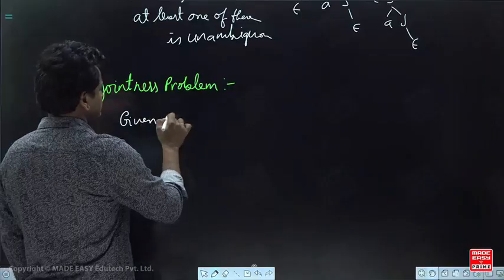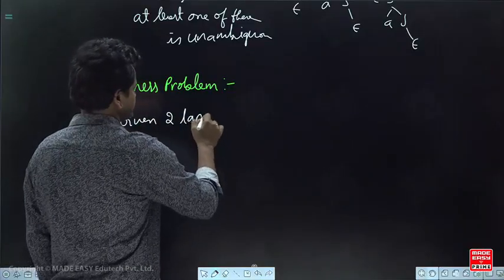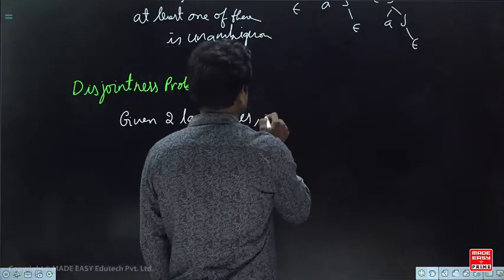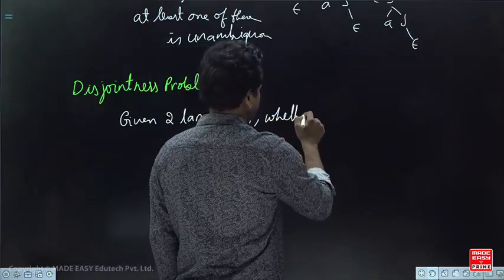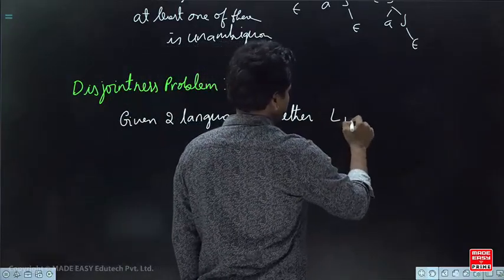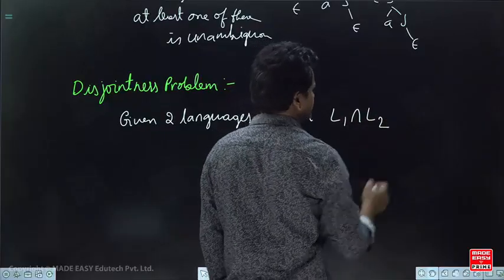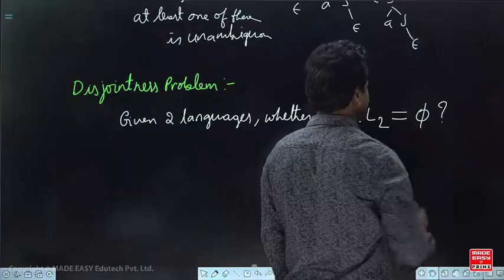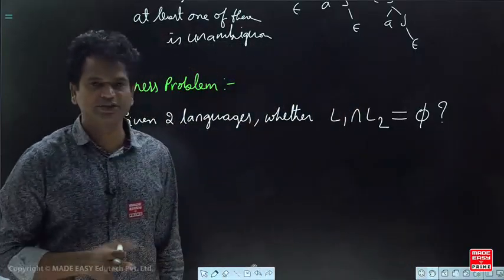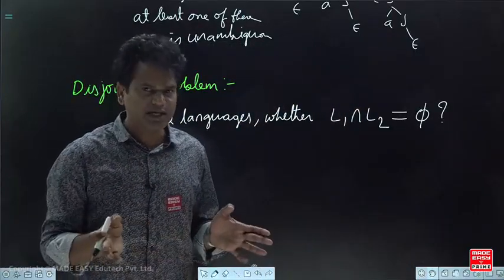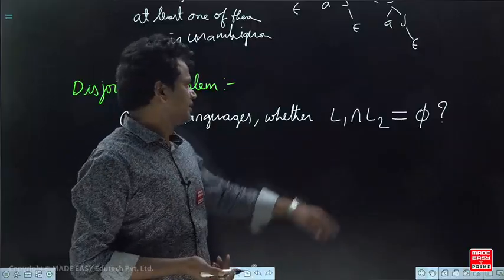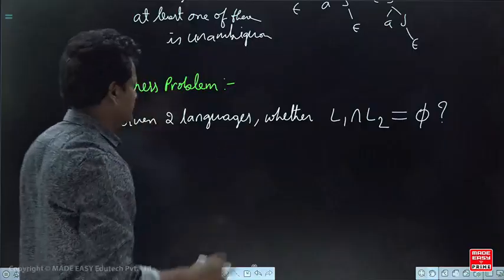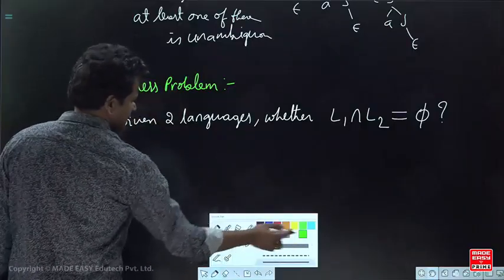Given two languages, whether L1 intersection L2 equals empty, means they don't have anything common, they are disjoint. Are they disjoint? Means no common strings, whether L1 intersection L2 equals empty. This is called disjointness. So, example.